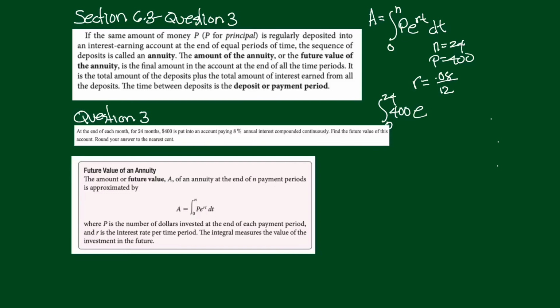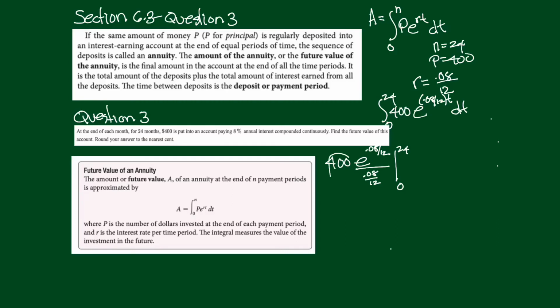Now I'm just going to write it like this. e to the 0.08 divided by 12 t dt. And when we find that antiderivative, we're going to get 400 e to the 0.08 divided by 12 t over 0.08 divided by 12 from 0 to 24.